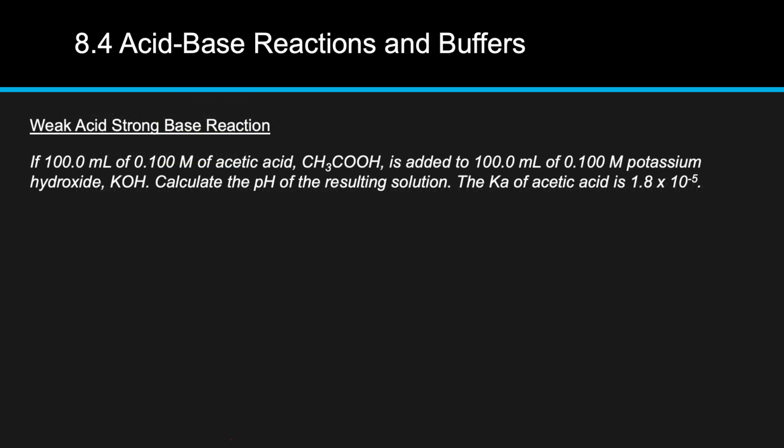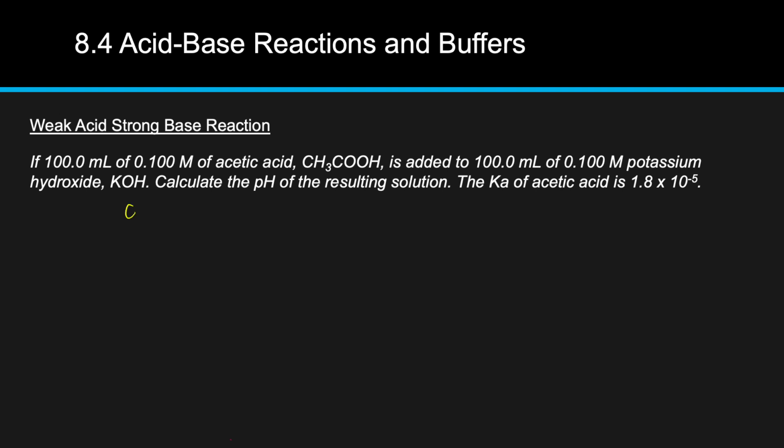All right, so let's do a practice problem with a weak acid and strong base. If 100 milliliters of 0.1 molar acetic acid is added to 100 milliliters of 0.1 molar potassium hydroxide, calculate the pH of the resulting solution. So let's go ahead and start off with our equation.